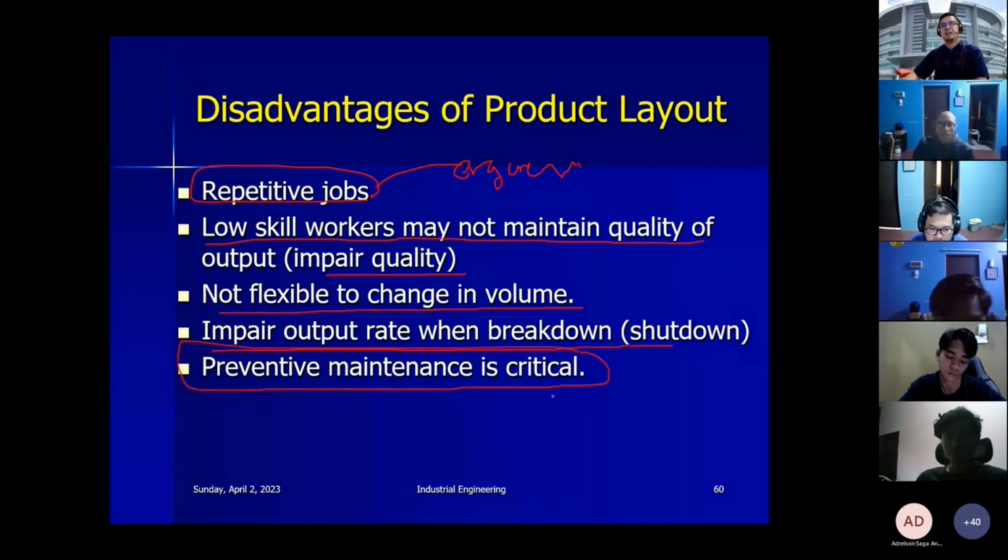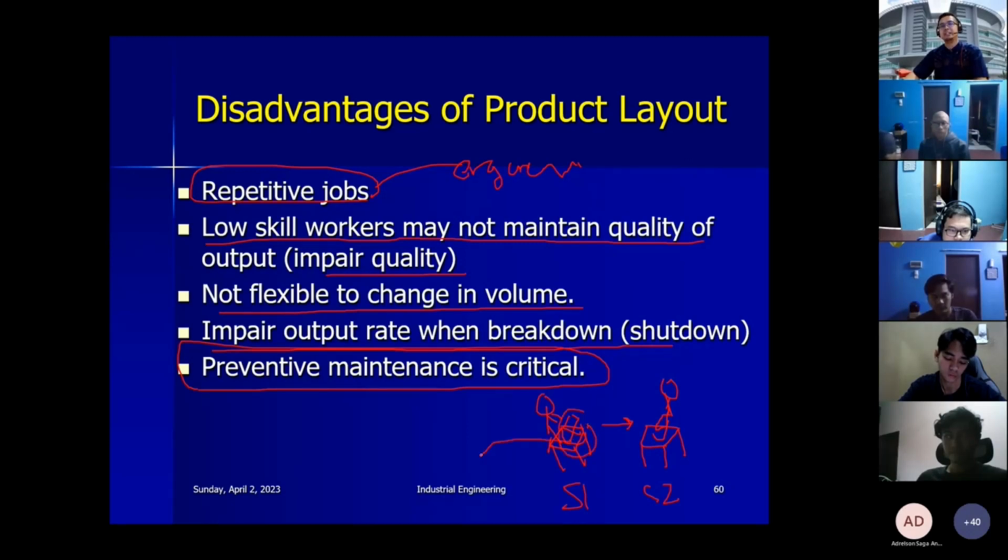critical. So, for example, I will give you an example, don't worry. This is station number 1 and this is station number 2. Station number 1 only involves machining. Station number 2 involves a packaging process, transferred from 1 to 2. When this machine has a breakdown, there's no preventive maintenance.